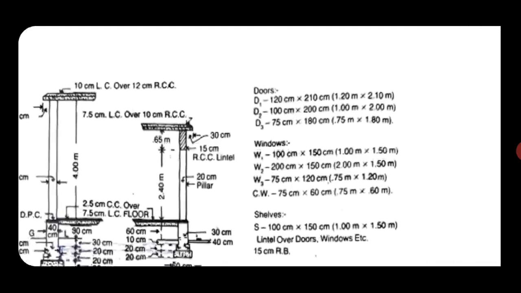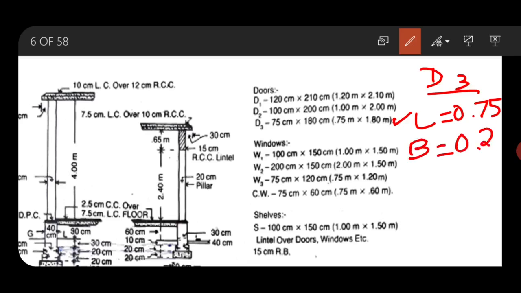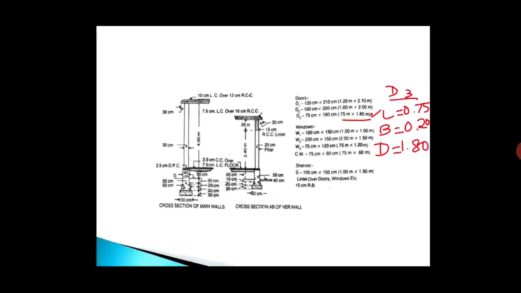For D3, the length will be 0.75, breadth will be 0.20, as this is made in the 20 centimeter wall, and depth will be 1.80. Clear? So these are the deductions for door openings.